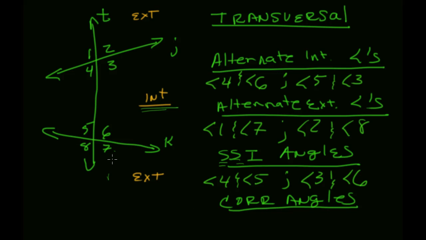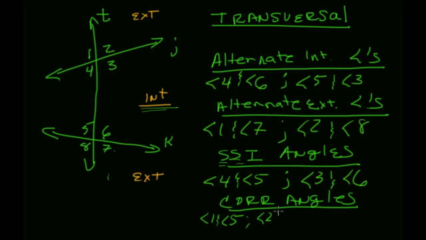Okay, corresponding ones are angles that are in the same position, but at the different intersection. So like angle 1 is up and to the left of this intersection. Angle 5 is up and to the left of this one. So angle 1 and angle 5 is a pair of corresponding angles. 2 is up and to the right, and so is 6.